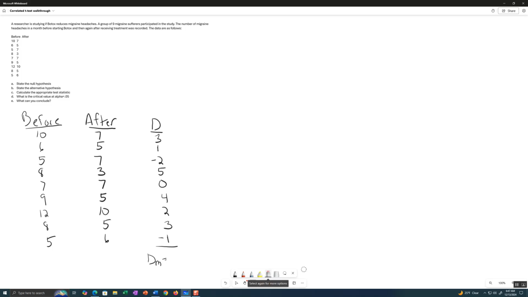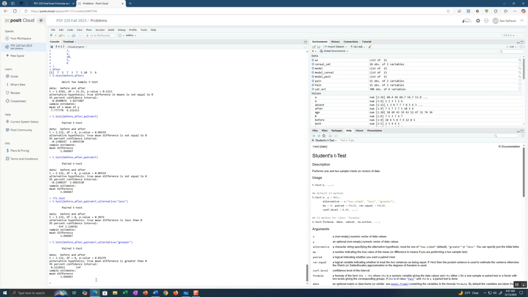Actually, let me put mean of D somewhere else. Let's do sum of D here first. I would do this in my head, but I have the wonderful RStudio Cloud here to do this for me.